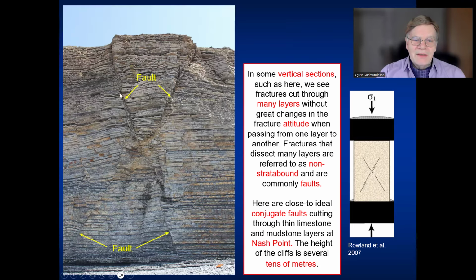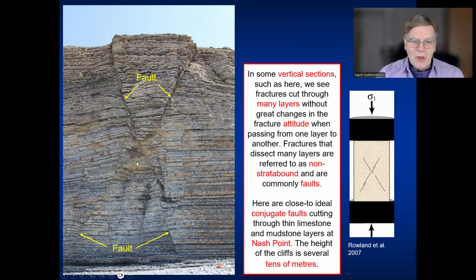And you see this set of faults is in a way close to forming a beautiful conjugate set, as we see here in this rock physics experiment. So these ideal conjugate faults should be forming when sigma 1, the maximum principal compression stress, is vertically orientated here.